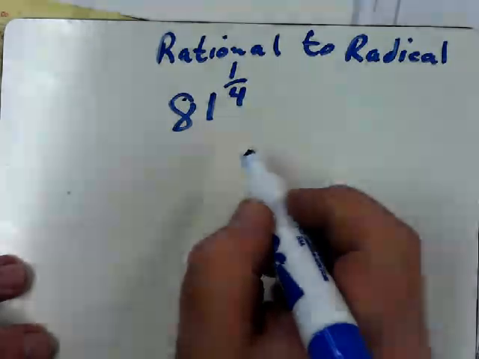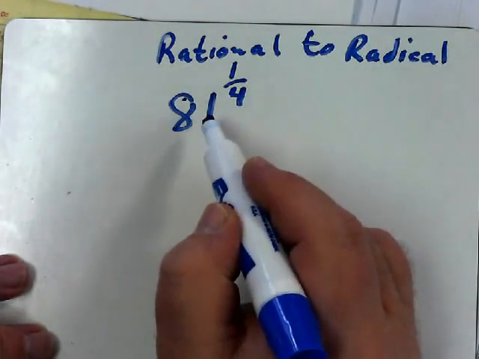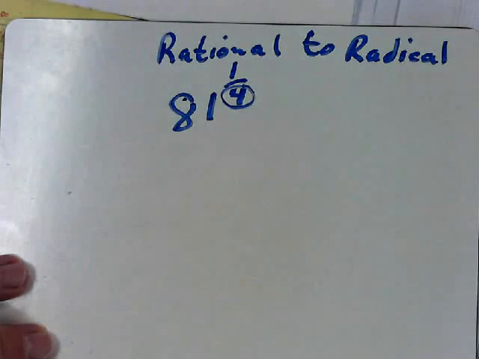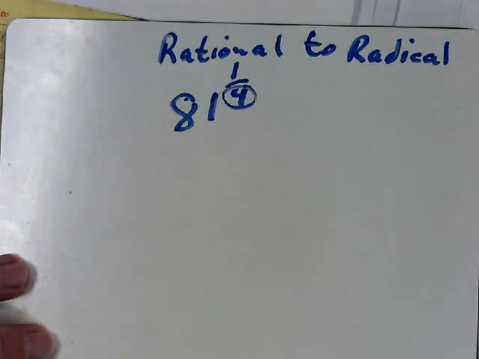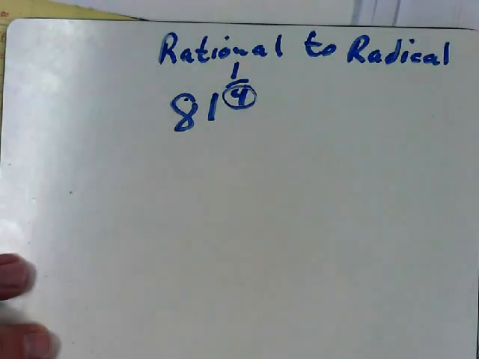If I'm going to go from a rational exponent to a radical expression, the denominator becomes the index of the radical. You remember where the index goes? Not in front of the square root, in that little v.